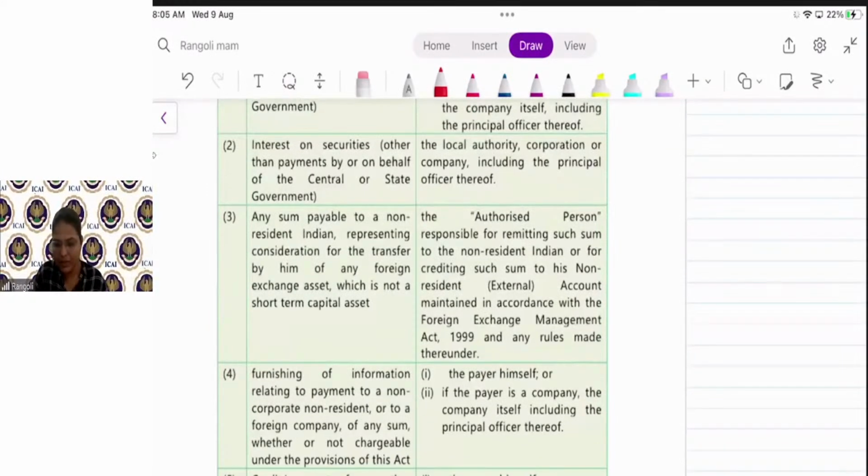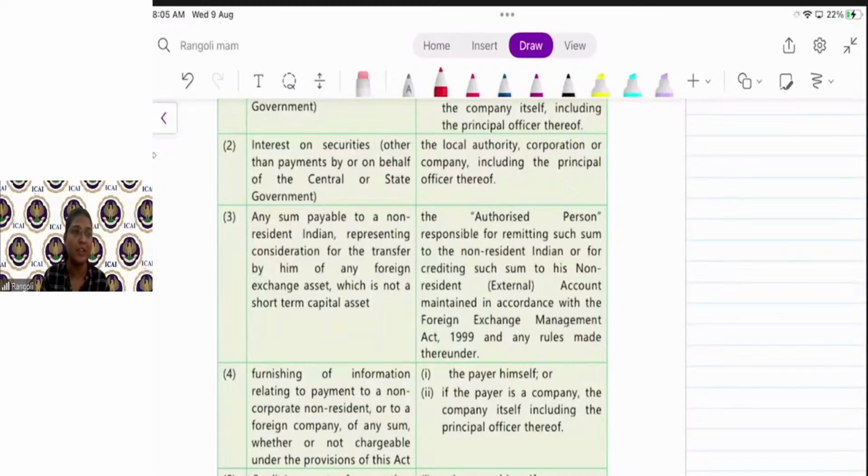Any sum payable to a non-resident Indian representing consideration for transfer by him, then also the payer is required to deduct TDS.